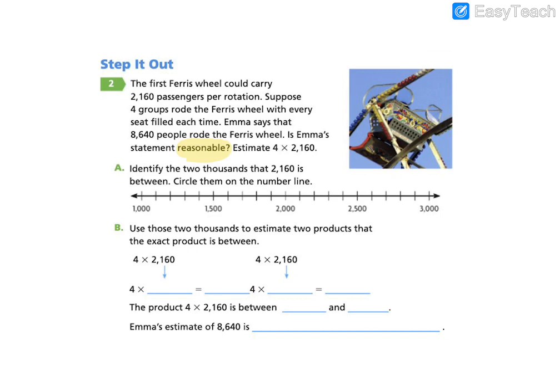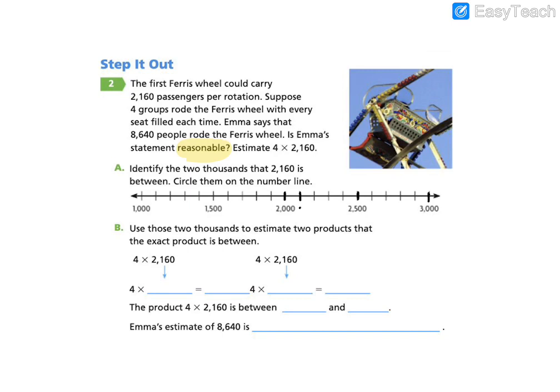All right, letter A is asking us to show this on a number line. Identify the thousands that 2,160 is between. Circle them on the number line. I'm going to go ahead and put this number approximately on the number line to help find the numbers it is between. So I can tell that here's 2,000, here's 2,500, and here's 3,000. What those little tick marks in between are showing me is that each of these is worth 100.